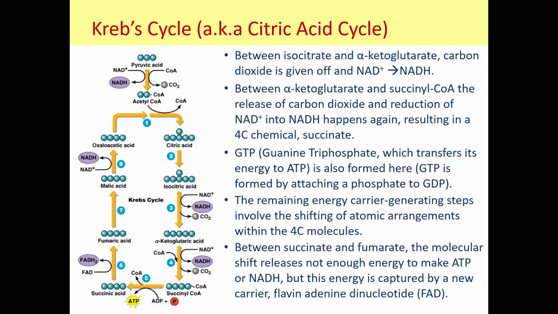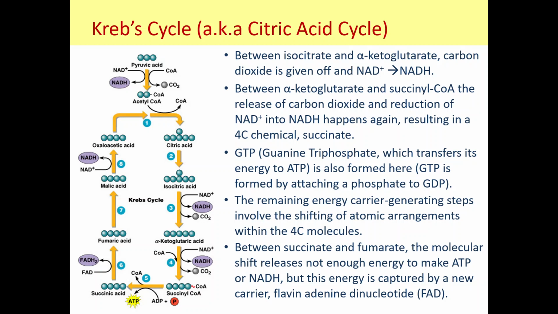Actually, everything is important, but the most significant one would be the conversion of alpha ketoglutarate to succinyl CoA, which are the processes labeled 3 and 4, and the process between 4 and 5, where you can see an ATP, is a conversion of ADP and a phosphate ion to ATP.